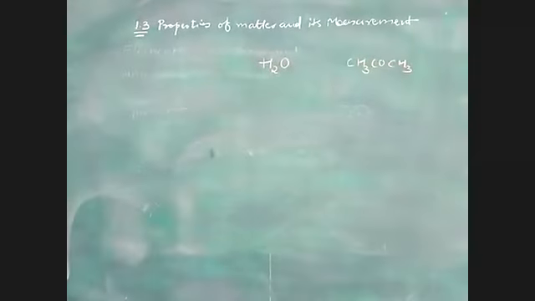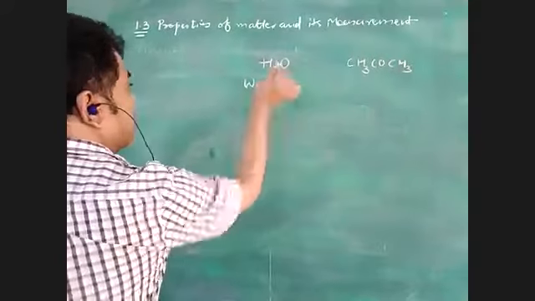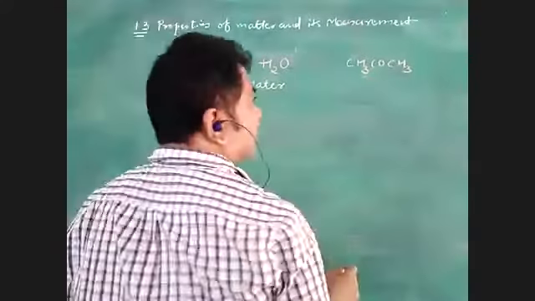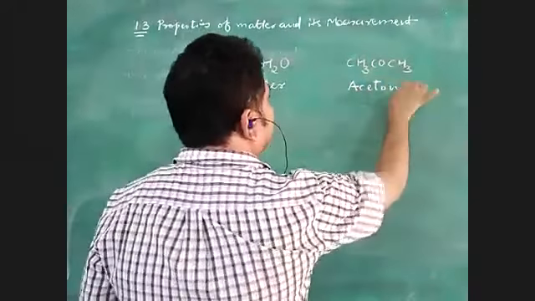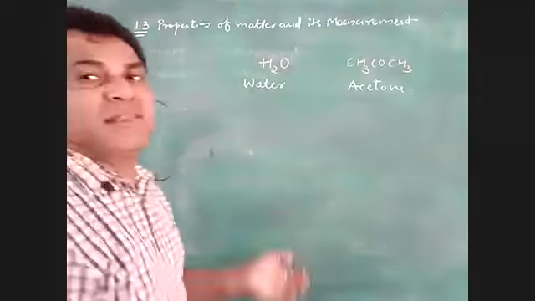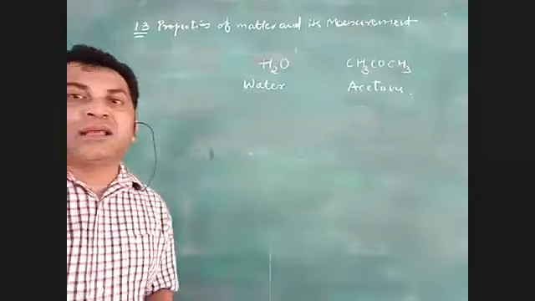Everyone used to say H2O is nothing but water. We know, sir. You will say, sir, this we also know, this is known as acetone. No problem, sir, we know it. And if you don't know, then sir, we will learn this in future. So one is water and one is acetone.